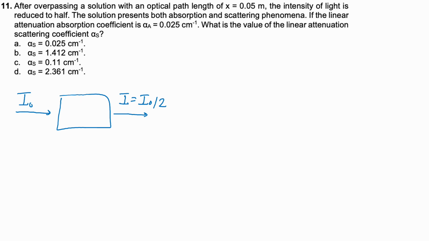So this is the difference here. We know that the absorption coefficient is 0.025 inverse centimeters, but we also have scattering. And they are asking us how much the scattering coefficient is.